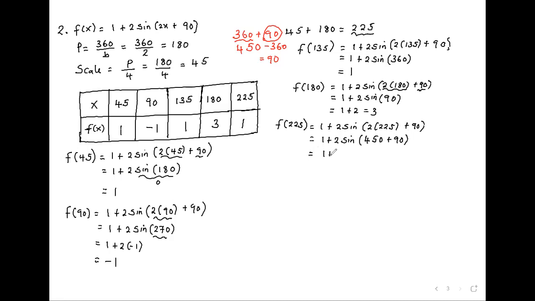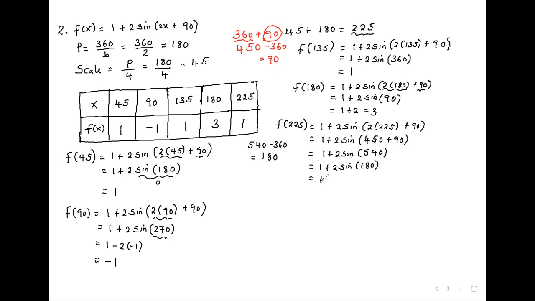This is going to be 1 plus 2 sine of 450 plus 90, that is 540. Then we get its coterminal angle. So we say 540 minus 360. That's 180. So we have 1 plus 2 sine 180.